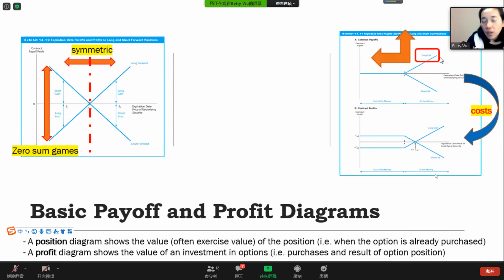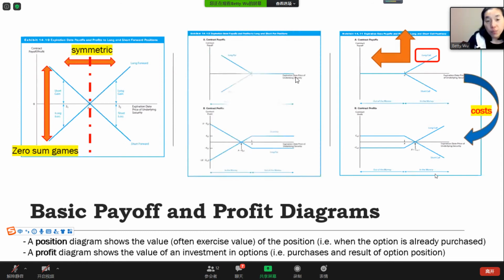So the long call means that you are protected from the downside risk, and in the meantime you can enjoy upside benefits. And this is a put option. If you long a put, you want the price to go down so that you can enjoy a positive payoff.